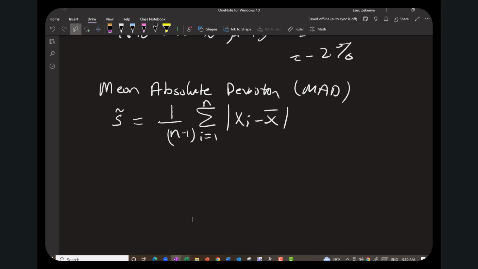So you basically find the absolute deviation. Only the size matters, not the sign. And the Excel function for that is AVEDEV, which is short for average deviation, right?